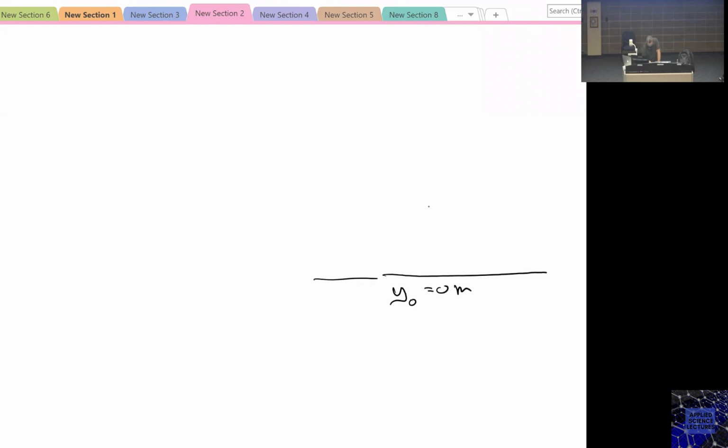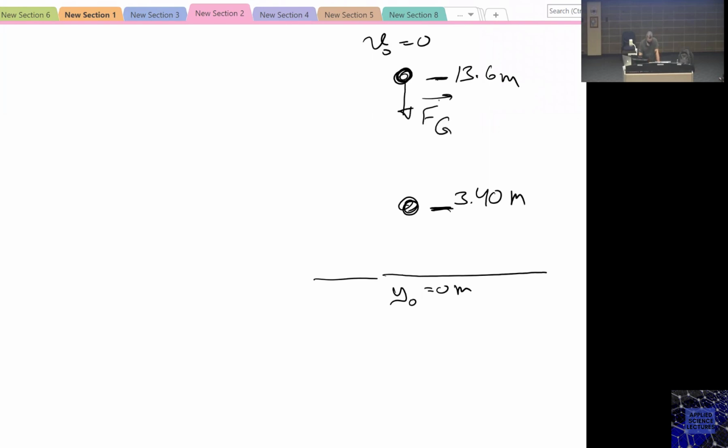I have here the 3.4 meter and the 13.6 meter. Now, v naught here is 0. I only have the gravitational force. I need the speed right here.